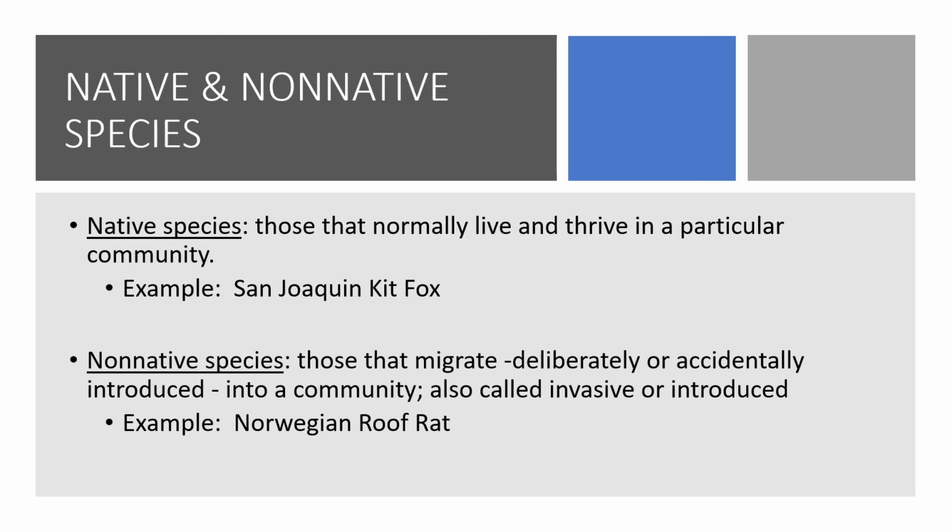So they are non-native or introduced, and they have caused a lot of species extinction. They often will go after birds and other prey, and those prey have no defense because they didn't evolve with the roof rat. So I think that's why scientists like to be sure you know the difference, native versus non-native, because the non-natives can cause trouble when they are introduced.